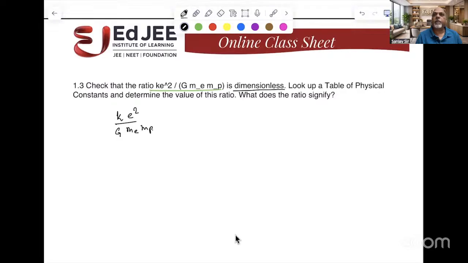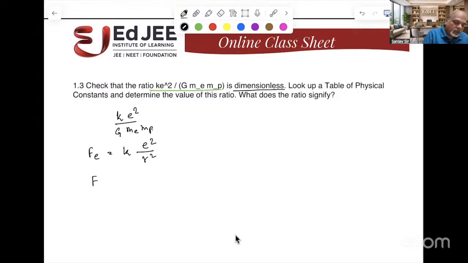Correct? Now, if we see Fe, that is electric force, what is this? K e square upon R square.